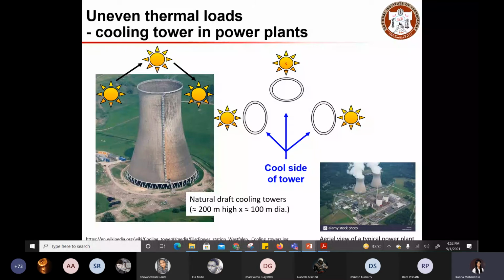The outside has higher temperature, and inside, since this is a cooling tower, you have a cool region. Because of that temperature variation, typically these are designed as a circular element, but over time you can see a change in shape. Because of the temperature variation, the circular shape is slightly changed into elliptical.